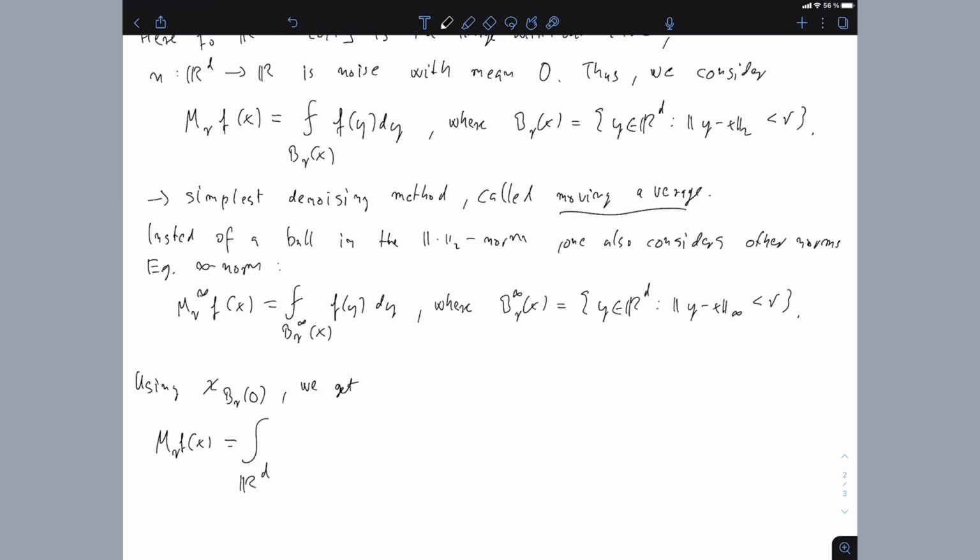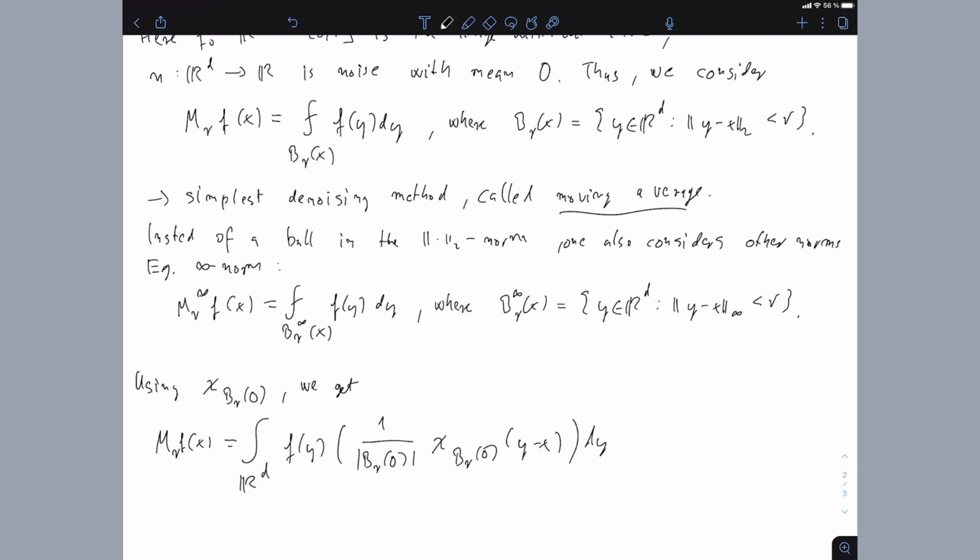This mean of f can be written as the integral over all of R^d, f of y, times 1 divided by the volume of the ball times the characteristic function of the ball at position y minus x.